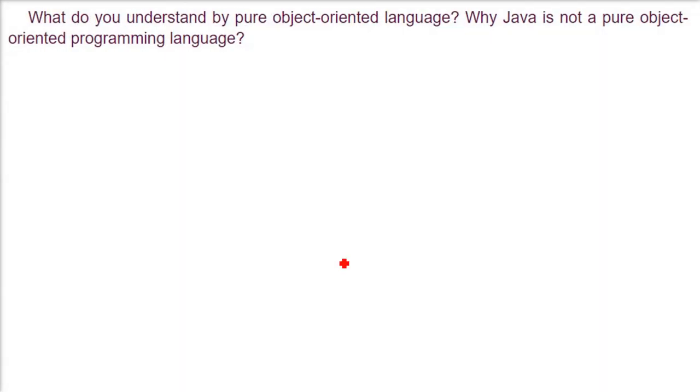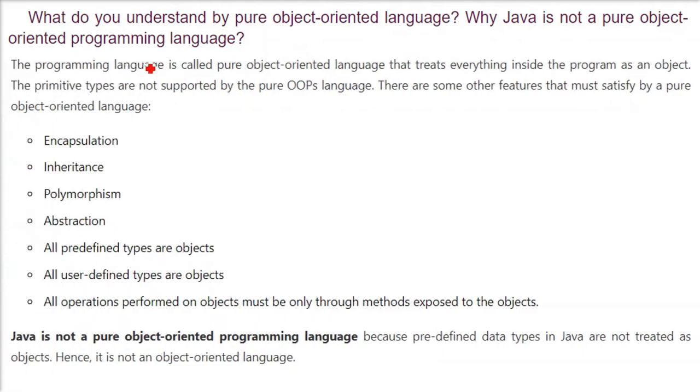What do you understand by pure object-oriented language? Why is Java not a pure object-oriented programming language? To answer this question, any programming language which deals only with objects is pure, otherwise it is impure.